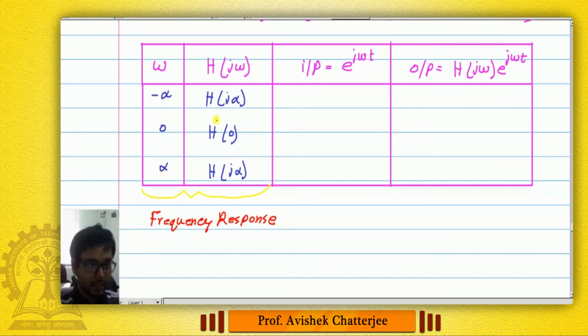In fact, it is enough to know this function capital H of j omega. If I know this function, then I know what the output will be for different exponential inputs with different frequencies.